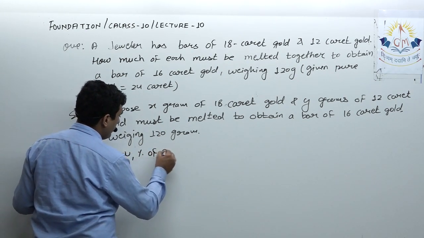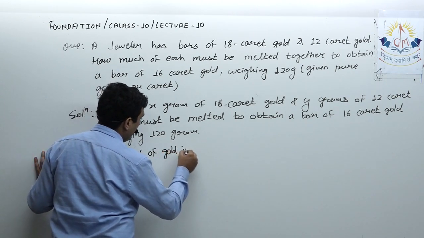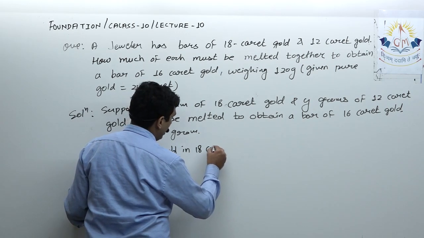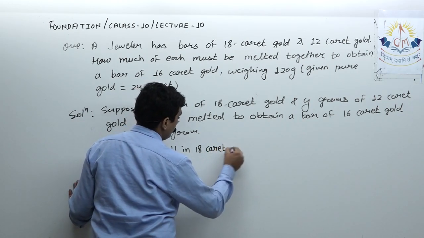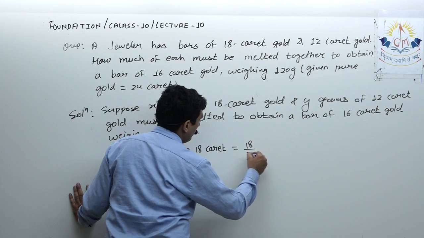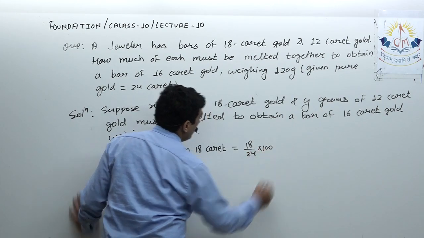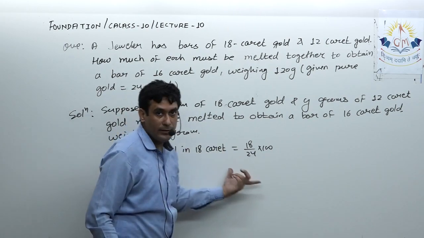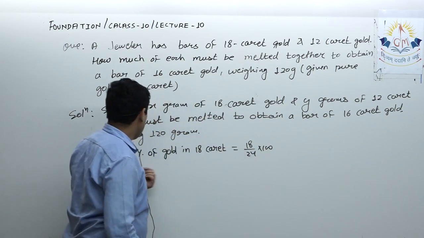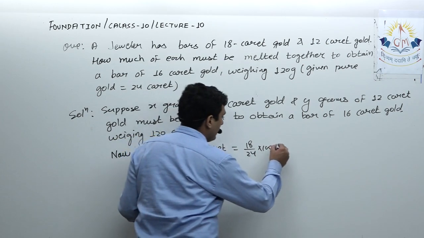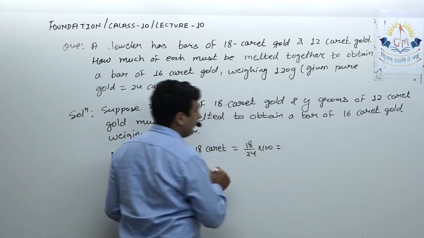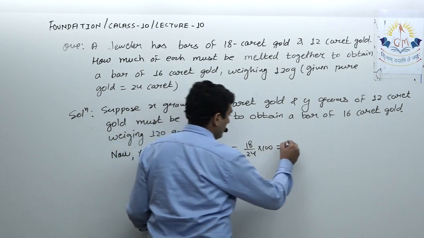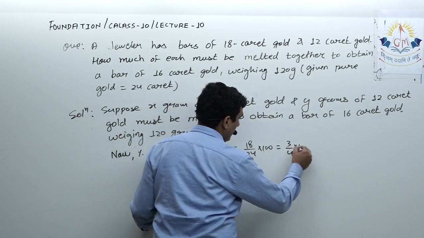Percentage of gold in 18 karat is 18 upon 24 into 100, because 24 karat means 100%.